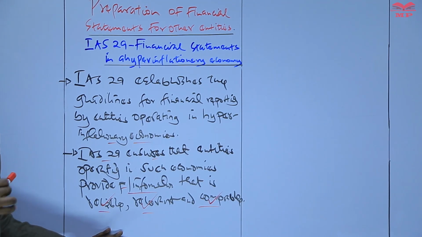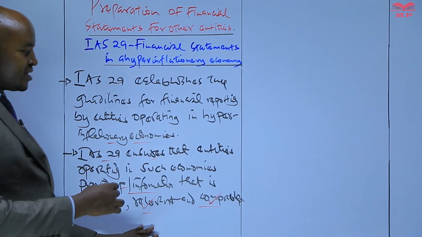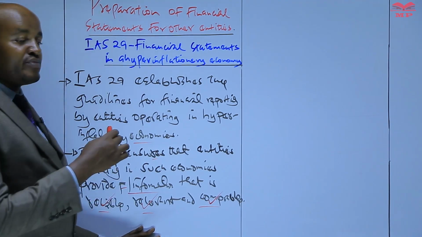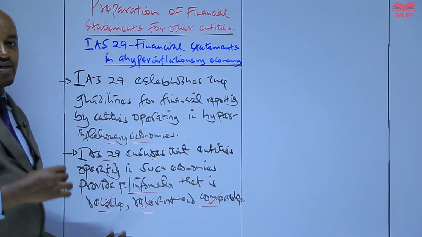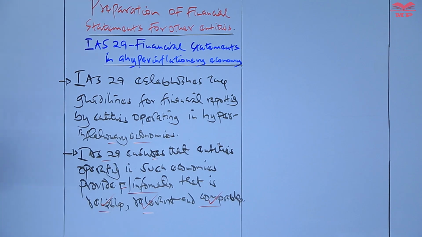Must be restated in order to reflect the current purchasing power of the functional currency. Therefore, once those financial statements have been restated, they will be relevant, comparable, and useful to the various stakeholders when making decisions.